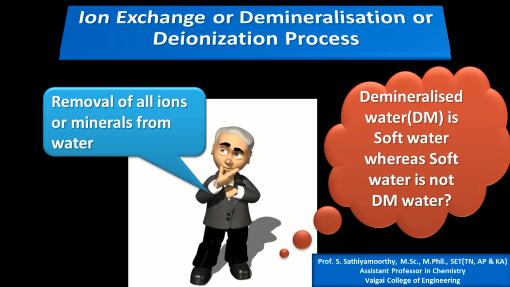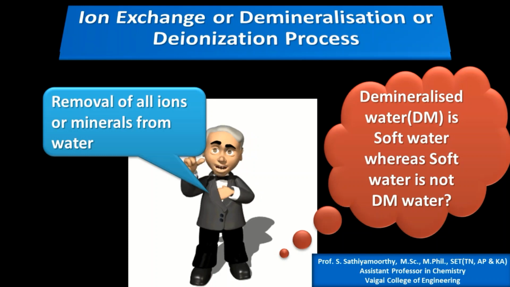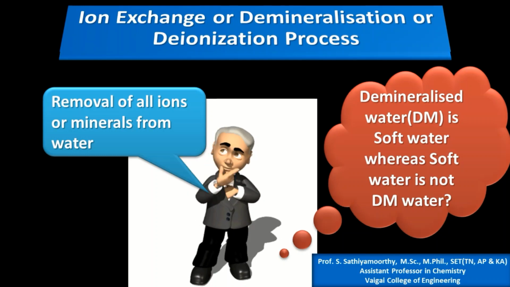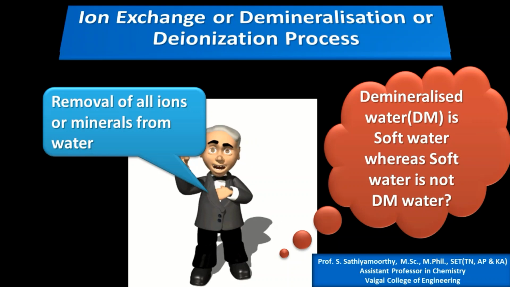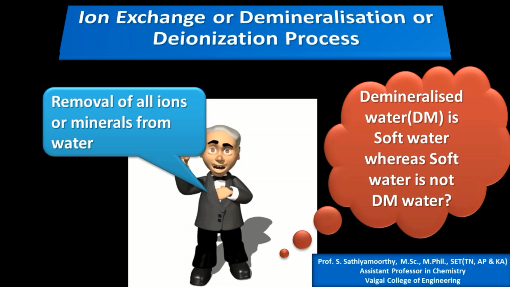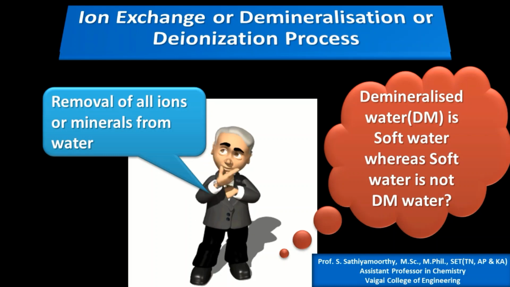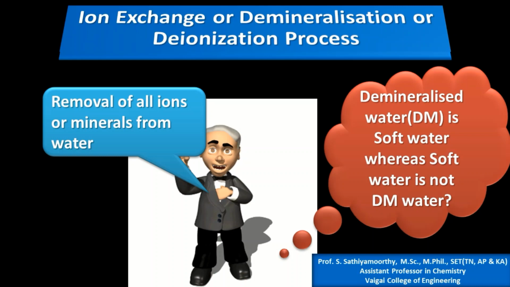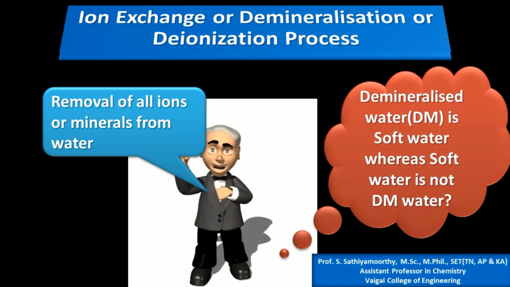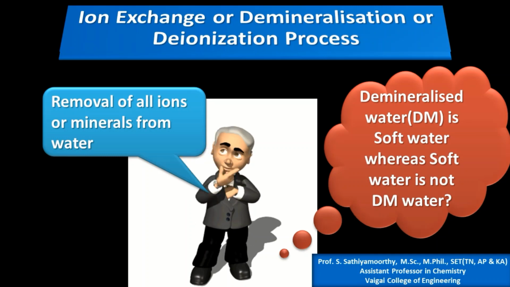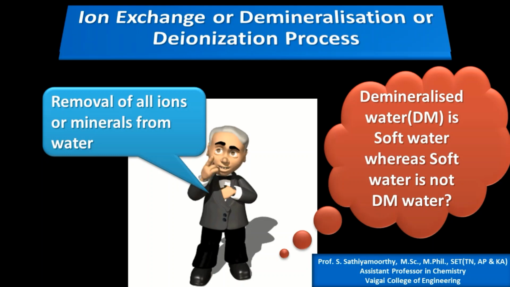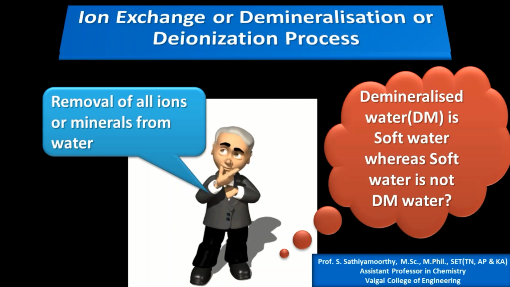But in soft water there are no dissolved calcium and magnesium ions, but some other ions will be present. So we cannot call it demineralized water. So we can say demineralized water is soft water because it contains no ions. We cannot say soft water is demineralized water because soft water contains ions other than calcium and magnesium. This is a question that arises in every mind, so that's why we have discussed it here.